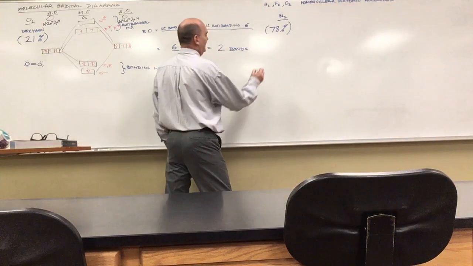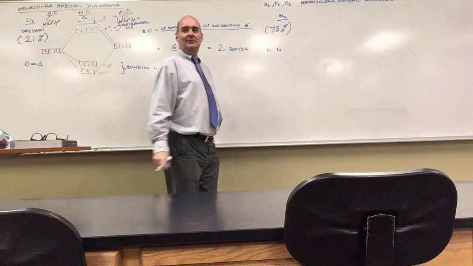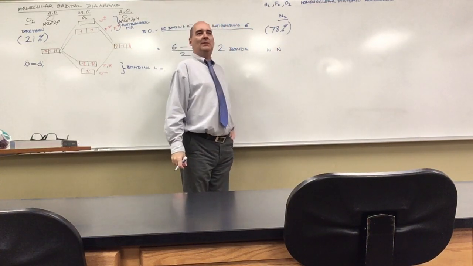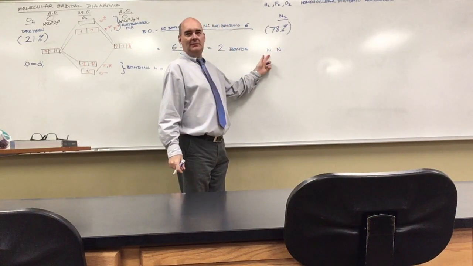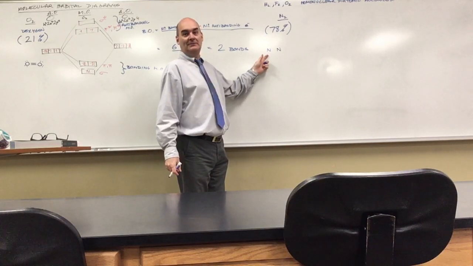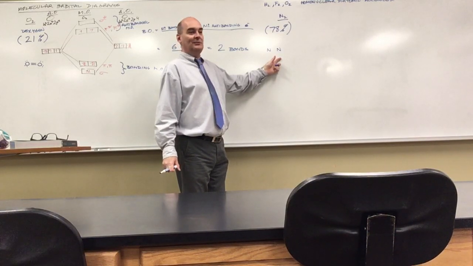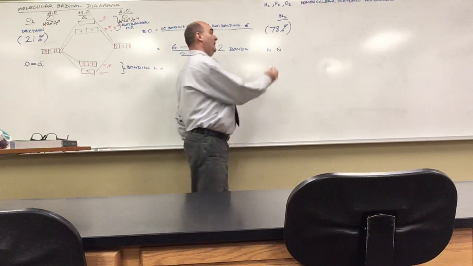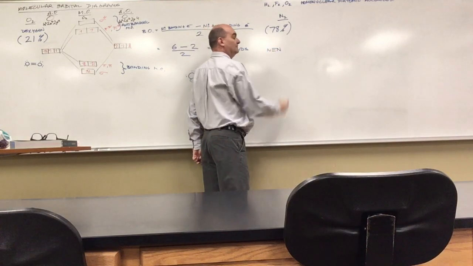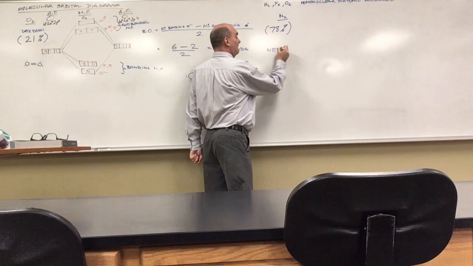So if this is 2 nitrogens bonded to each other, how many bonds is the atom on the left looking to make? 3. How many bonds is the nitrogen on the right looking to make? 3. Should be a triple bond between these two.